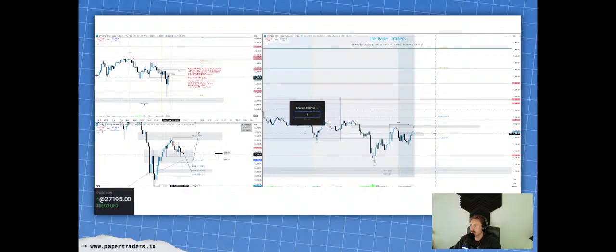Struggling above this 1 minute fair value gap, huh? Need something strong through it. Need that 1 minute to remain above it there. Alright, 20 more seconds.